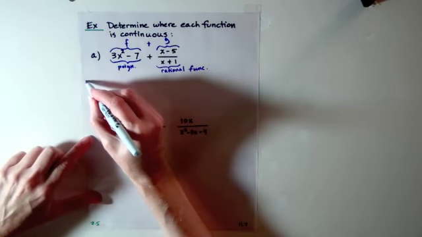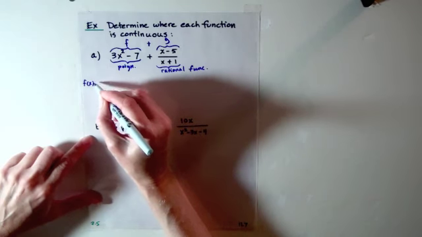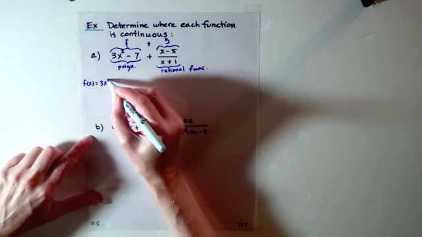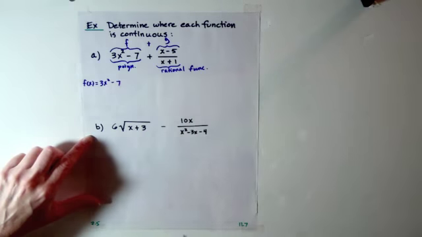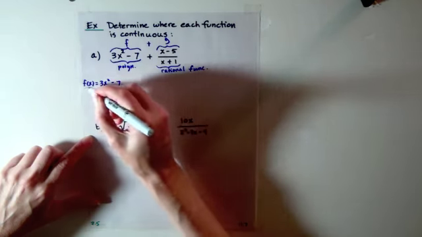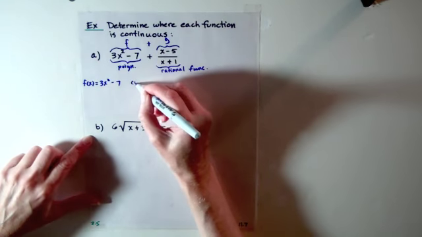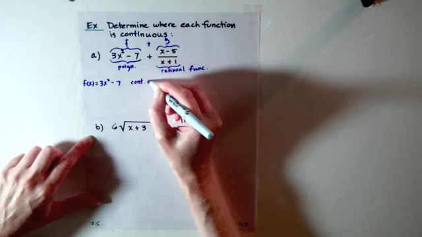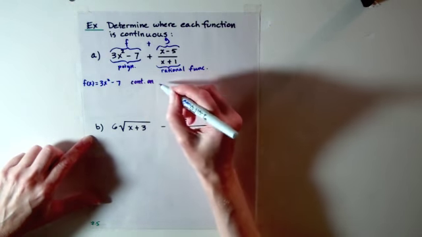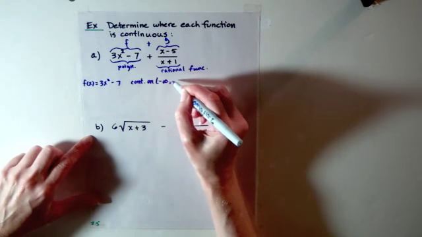If I just looked at f of x, it's a polynomial, and remember that polynomials are continuous everywhere on their domains, but their domains are the whole real number line. So f of x is actually continuous on the whole number line from minus infinity to infinity.